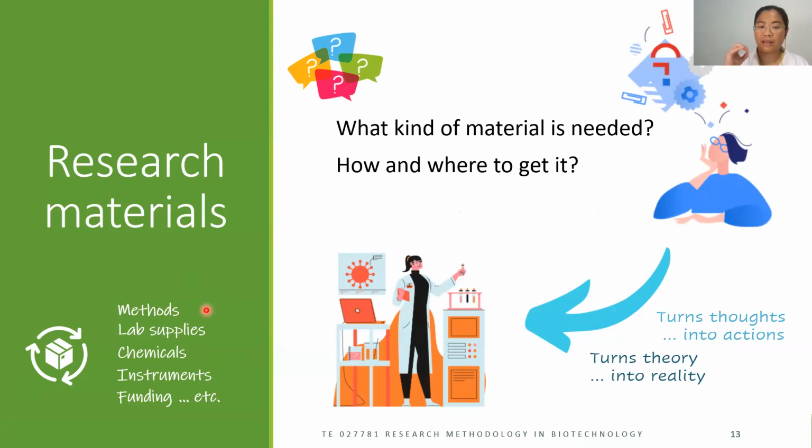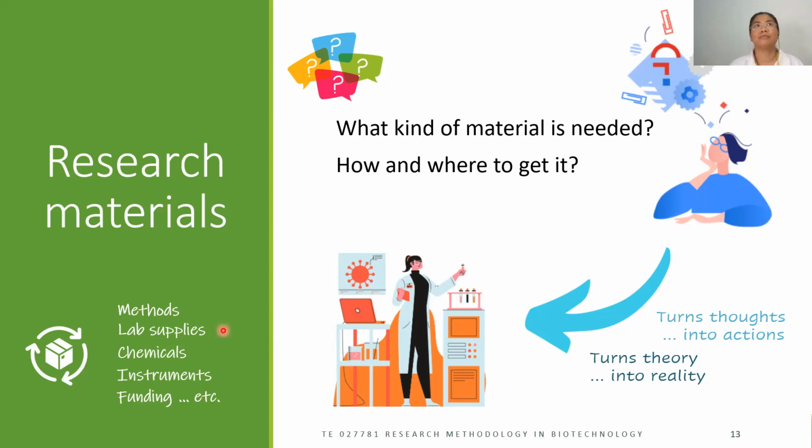Now you have to think deeply about the words materials and method when you actually write down your materials and method. So research material involves, for example, methods and lab supplies.